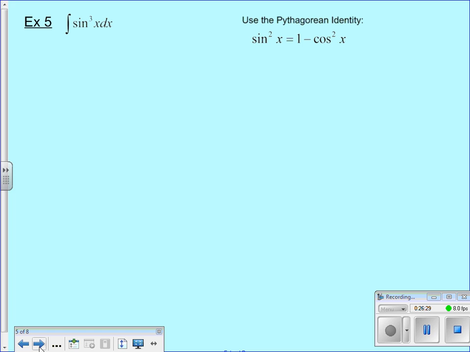So I'm not replacing the entire integral, I'm just replacing part of it. This is the integral of sine of x times sine squared of x dx. That's technically what I have, right? Sine times sine squared is sine cubed. So I'm going to replace the sine squared in only the sine squared portion.